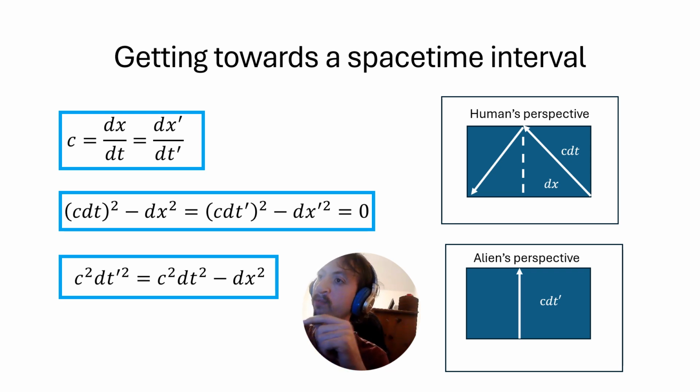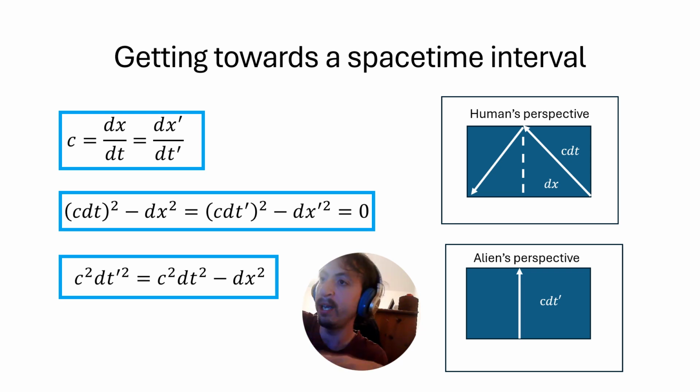So for the alien, we would have a dx prime, because this third train would be moving relative to the alien. So for events on this train, there would be a horizontal displacement between one event and another that occur on the third train according to the alien's perspective.